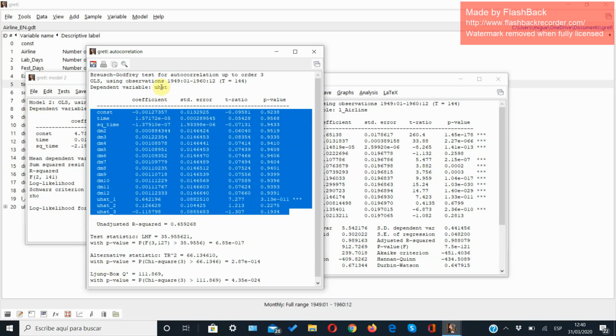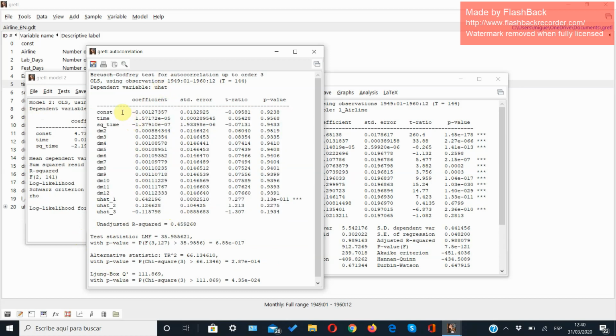This will only happen if u hat is independent both of the original model regressors and of the first, second, and third lag of the residual. As you can see, the null is rejected clearly. The third test is a direct test for autocorrelation of the residuals that we haven't seen in theory.